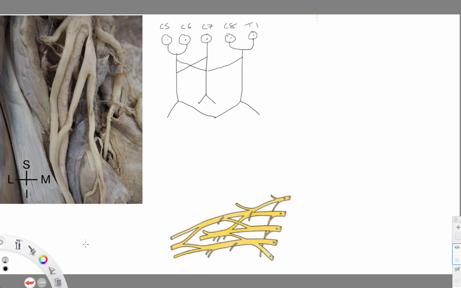Now this is the basic layout of our brachial plexus. Up the top here, or in other words, their eyes, we have the roots of the plexus. The necks of our characters form the trunks, and their arms here, where they're crossing over, are our divisions.